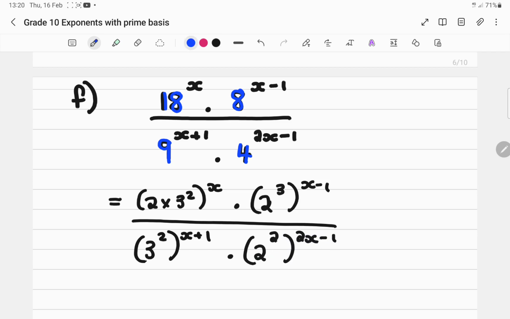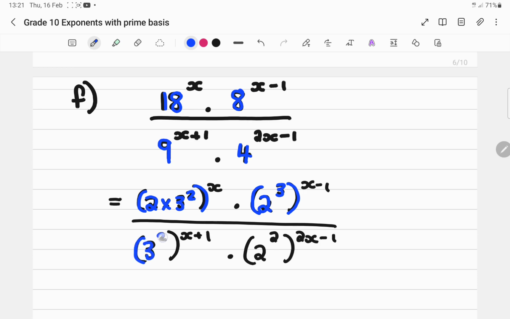So can you see that 18 I just replaced with whatever my calculator told me, and I kept the x at the top there. Same with the 8. All I did is I changed it into a product of its primes, and I kept the exponent x minus 1 exactly like that. Same with the 9.